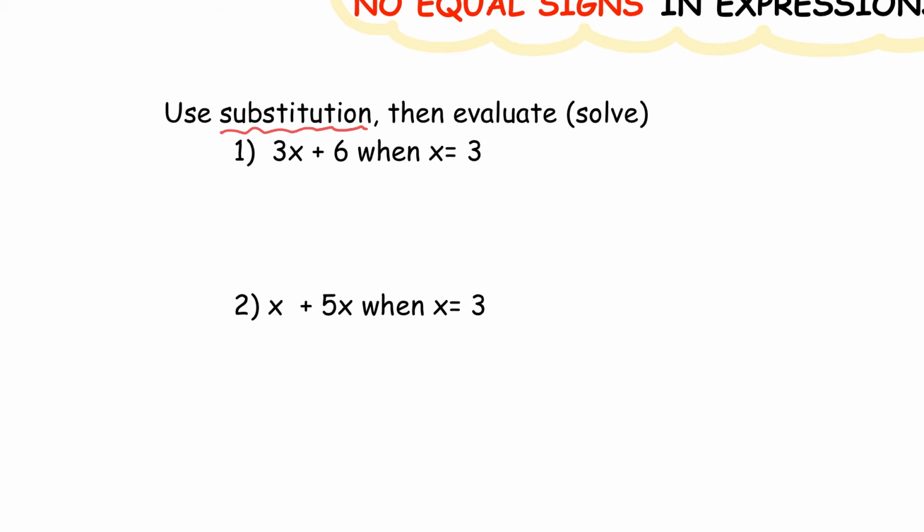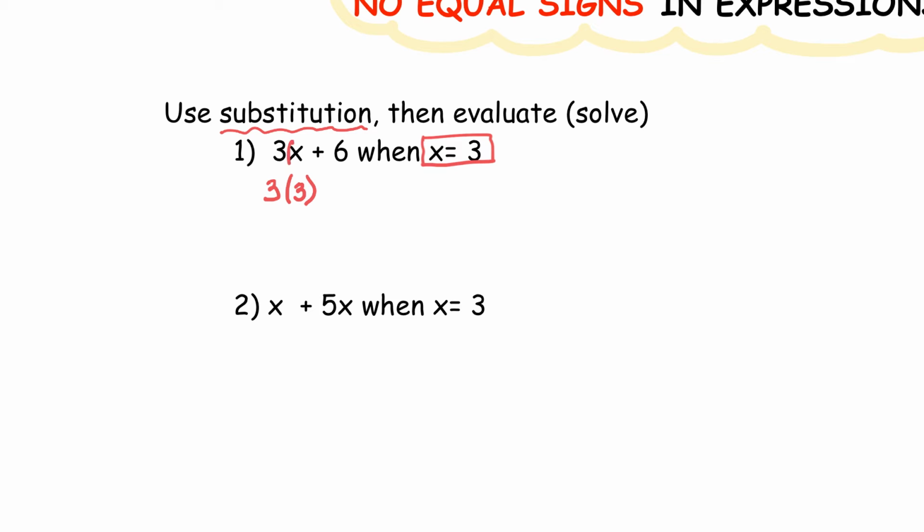So number 1 reads 3x plus 6 when x is equal to 3. The first thing I'm going to do is rewrite it. Instead of writing the x, I'm going to write 3. However, I'm going to multiply it by the 3.